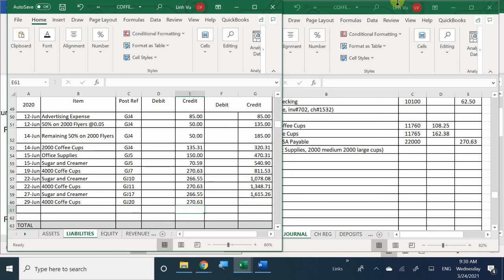So what is going to be my ending balance here? 1885.89. Perfect.